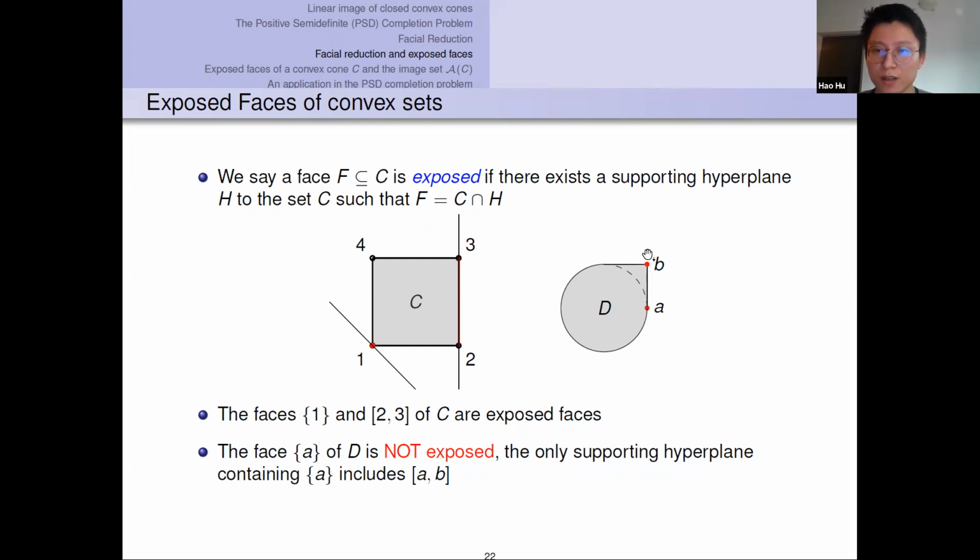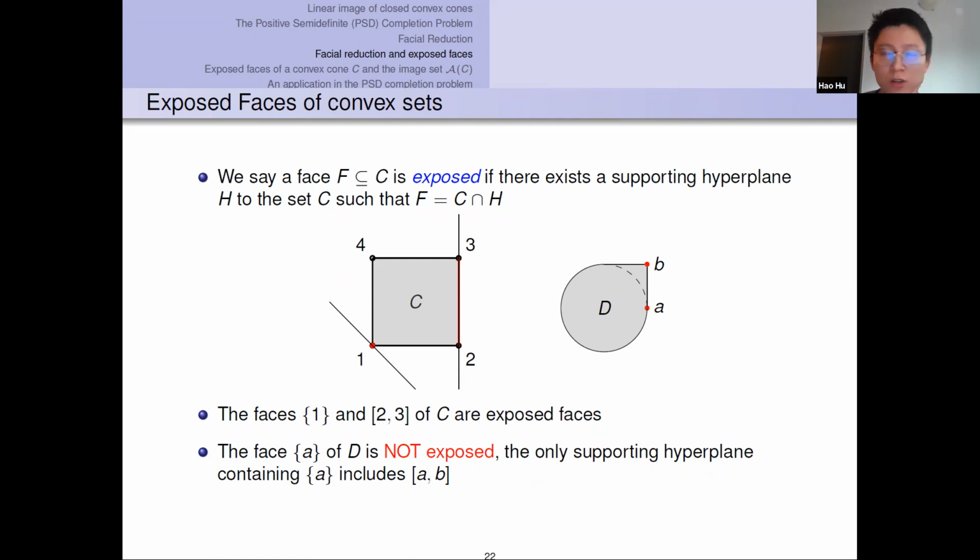And this vertical line actually contains the whole line segment connecting A and B. So it does not give you A. It gives you something extra, and therefore the face A is not exposed. So that's exposed faces of convex sets.